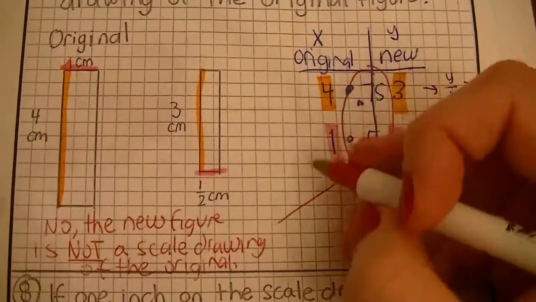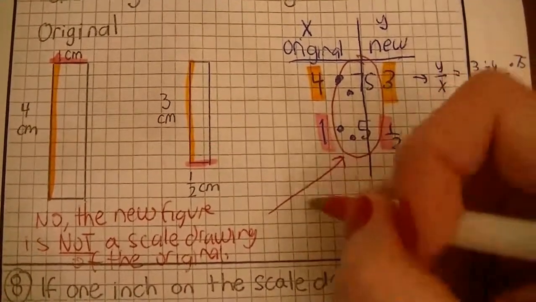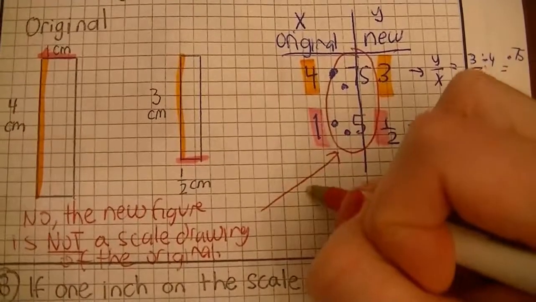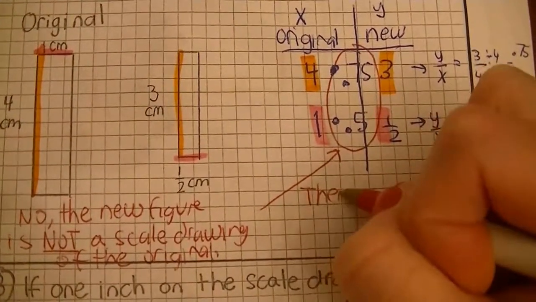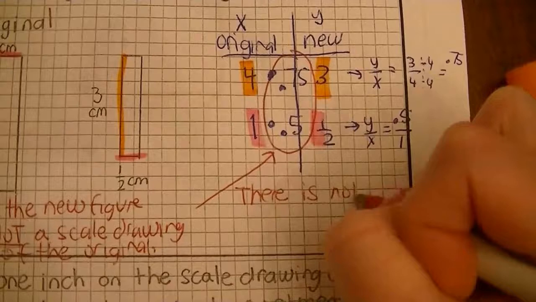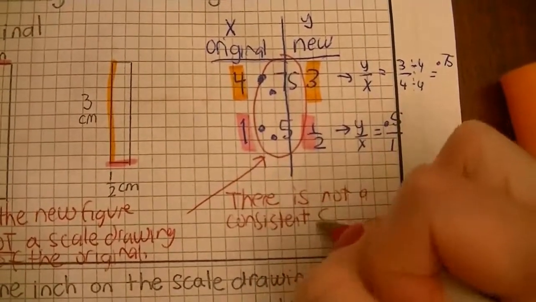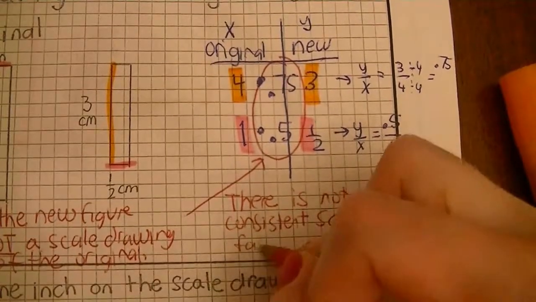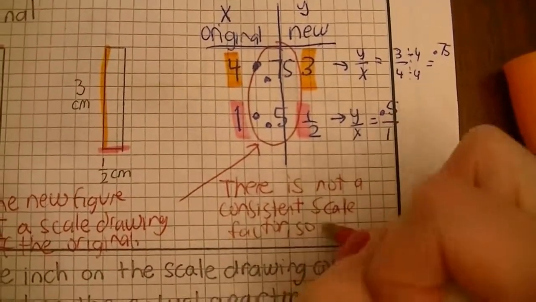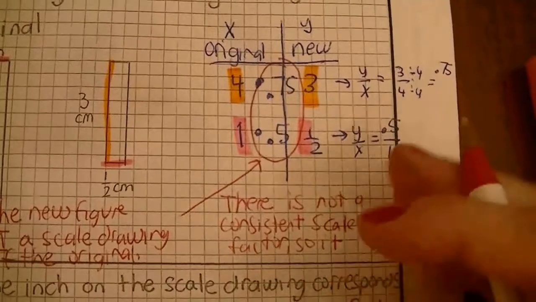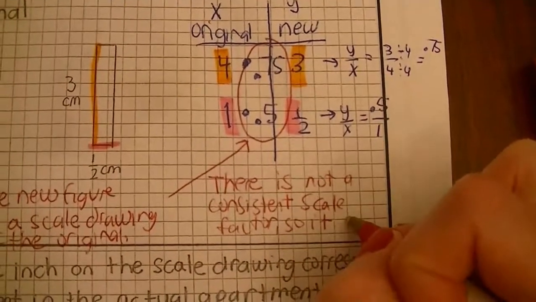Because of that. Not the same scale factor, so it's not proportional. And since it's not proportional, it doesn't fit that third criteria to be a scale drawing.